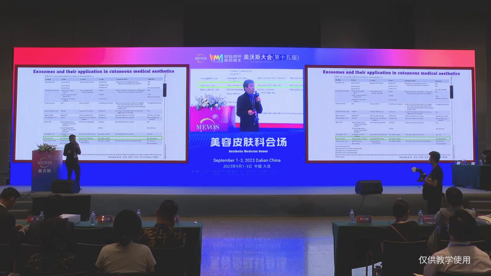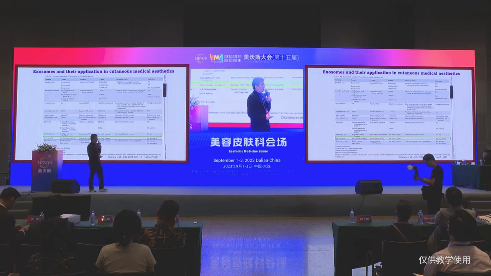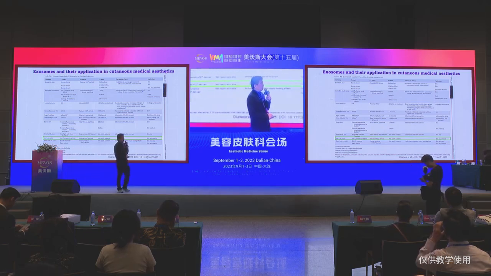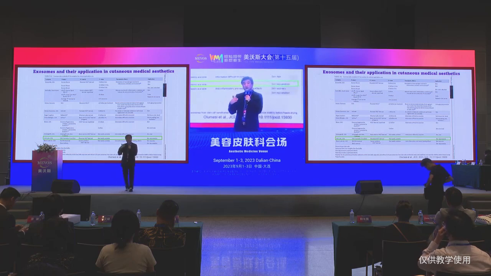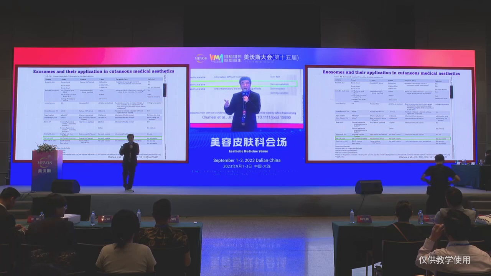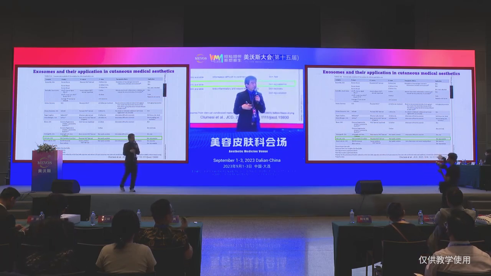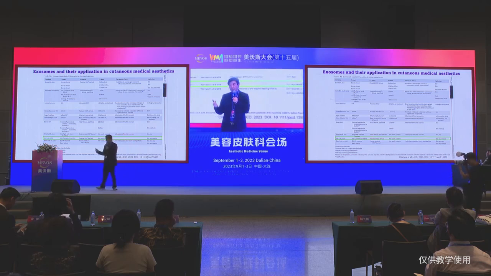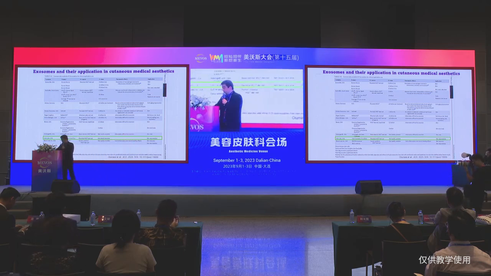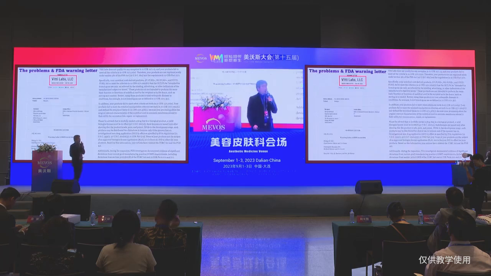Okay, today I'm going to look at this particular company, like VT Labs in the US. They produce those exosomes from mesenchymal stem cells. They want to use those exosomes for treatment of skin regeneration. So this is what happens.